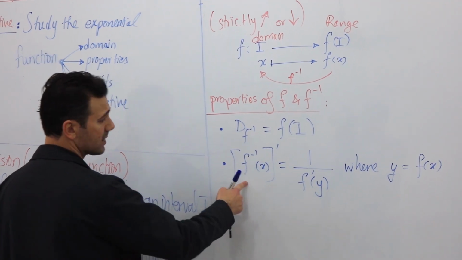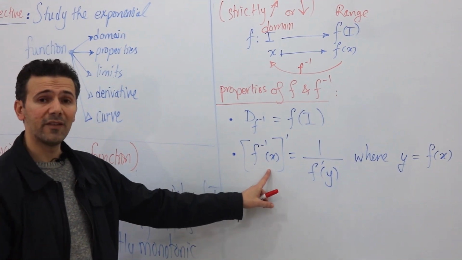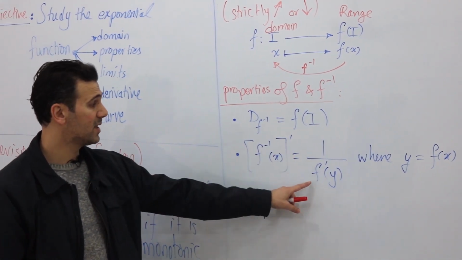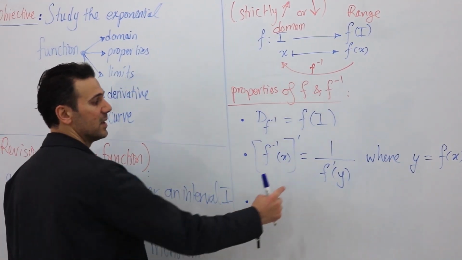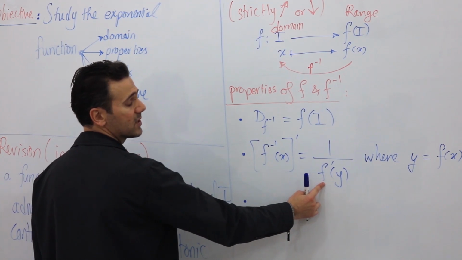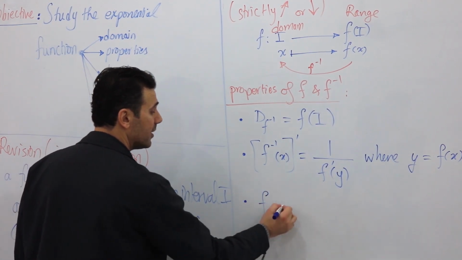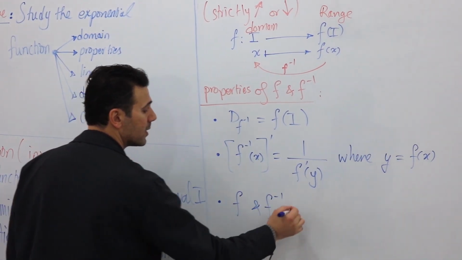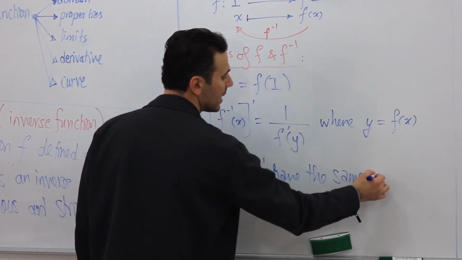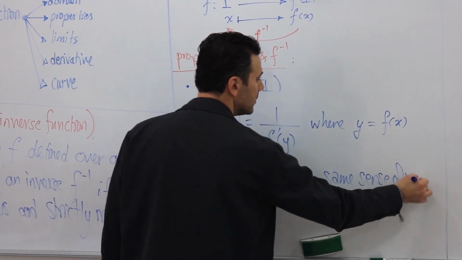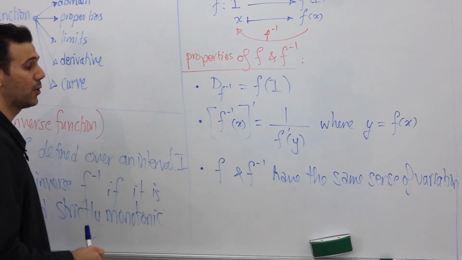As you see from this last point, the sign of f inverse prime depends on the sign of f prime. They have in fact the same sign, since if f prime is positive, then this will be positive and vice versa. Thus, f and f inverse have the same sense of variation. We can deduce easily this from the previous point.